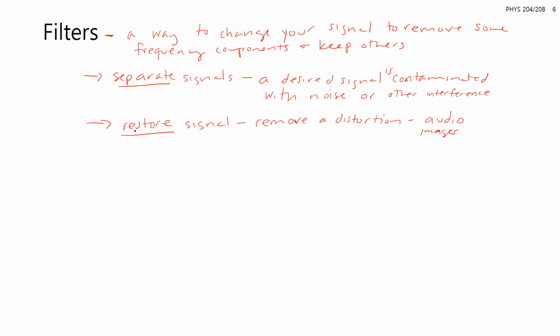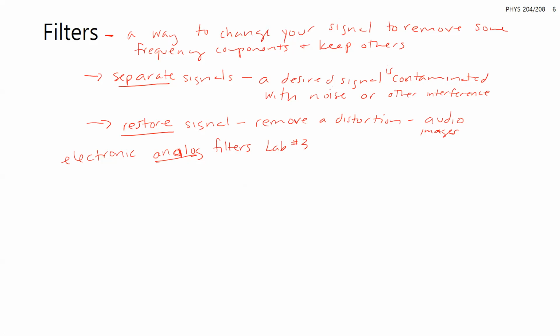We're really going to be focusing on electronic filters for this class, since you are working with electronics. These are going to be analog filters for lab 3. Analog means this is going to be hardware based.